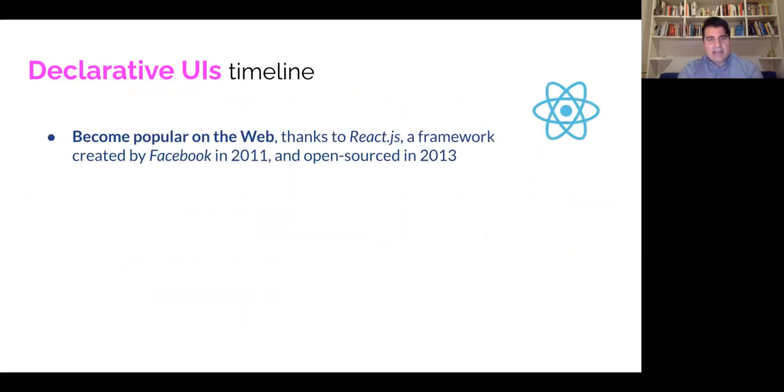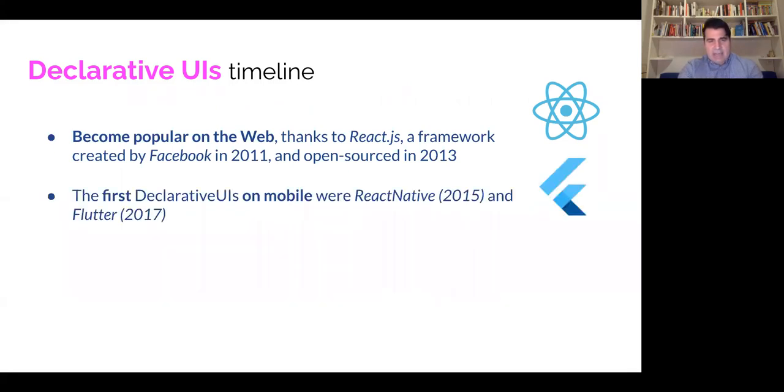So what is declarative UI? Declarative UI is something that became popular on the web thanks to React.js, which is a framework created by Facebook in 2011 and open sourced in 2013. And then it was brought to mobile with success by React Native, which was like the mobile version of React.